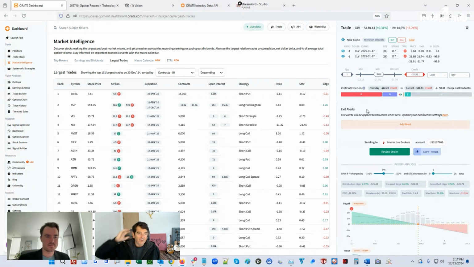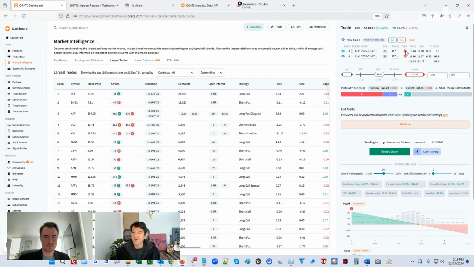Yeah, I mean, the stock's 137, way above. It's probably not going to get down to 117. So I don't know why they would sell that put, because the put's worthless. All they're doing is selling a call there. They're just getting short. And I have no idea why they would sell that put. You know what I mean?